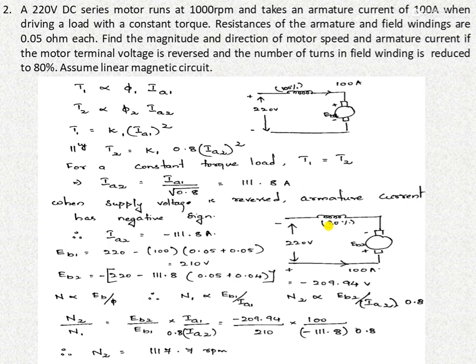In this case also that method of speed control can be used. But in this problem you are asked to find the speed corresponding to a change in the value of flux. So in this problem we have achieved the change in speed by flux control.